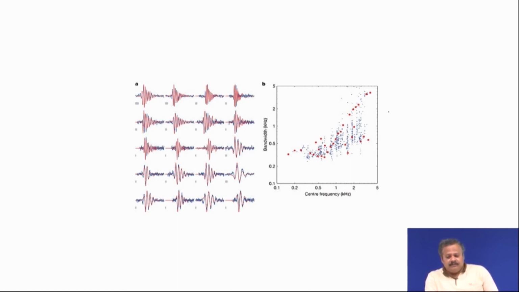So, this is another way of showing that with different kinds of sounds we get different kinds of properties, and that also matches with what is actually out there in terms of the filters that in the real world are being used by animals for processing those kinds of sounds.